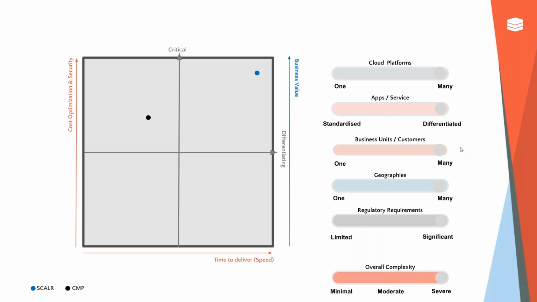Yeah, definitely. So essentially what you see here is that as we slide the overall complexity, business units, geographies, more to the right, you see how the other models that we talked about, model 1, model 2, strain, and we hope that we helped you understand why that is.